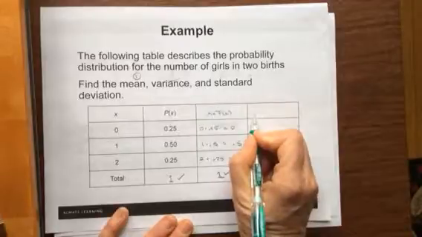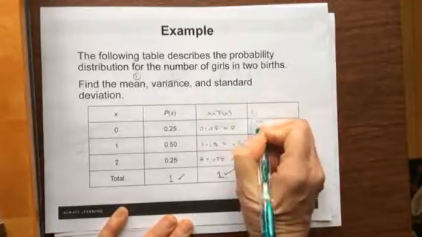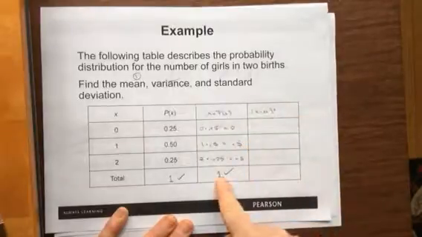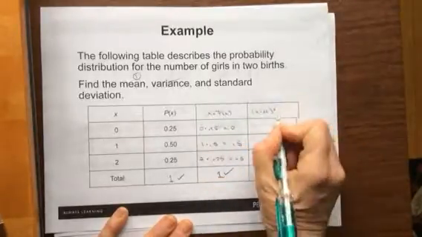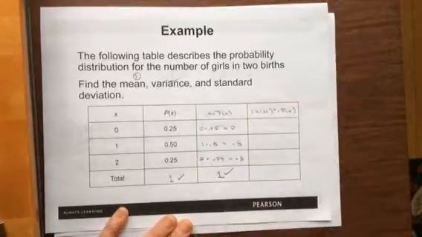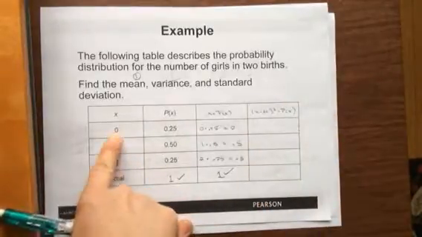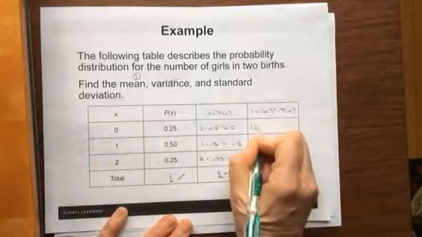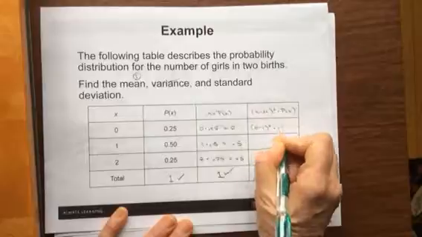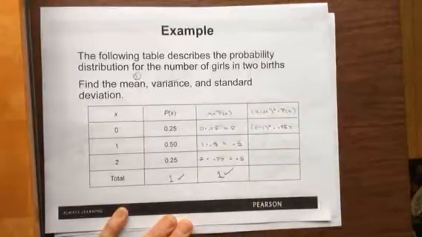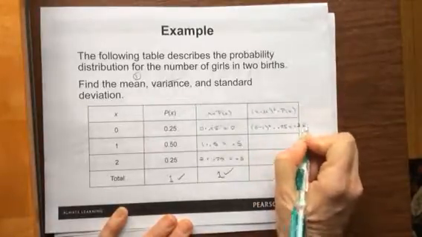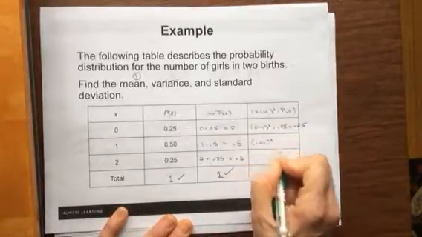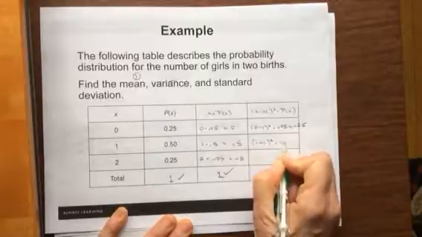So to calculate the variance, I needed to see how far my x value was from that mean of 1, and then multiply on the probability. So this x value minus the mean, squared, times the probability that happens. That's 0.25. Then the next x value minus the mean, times the probability it happens.